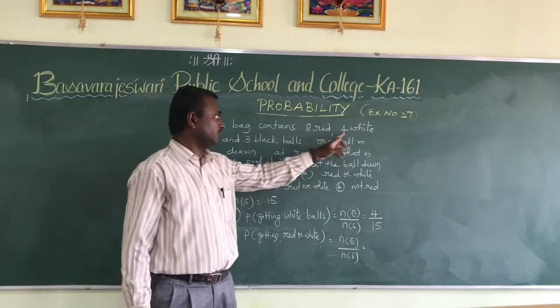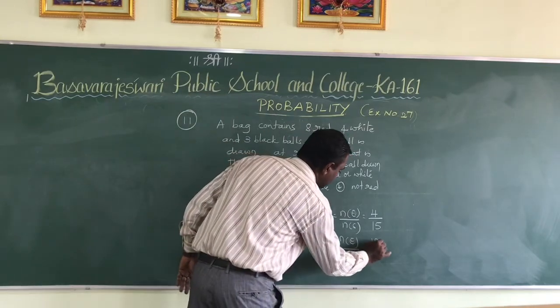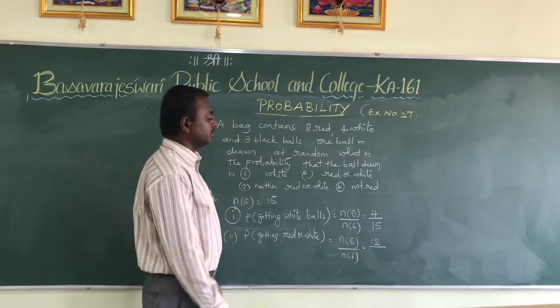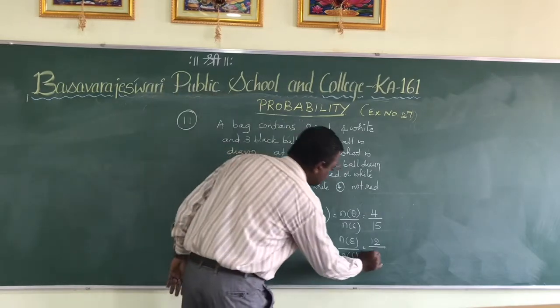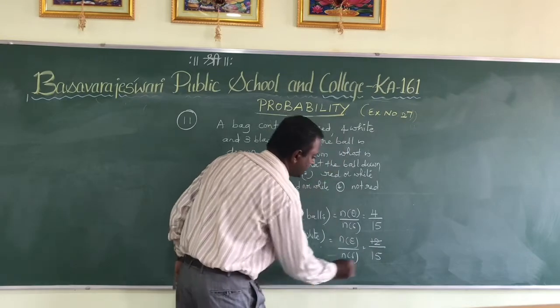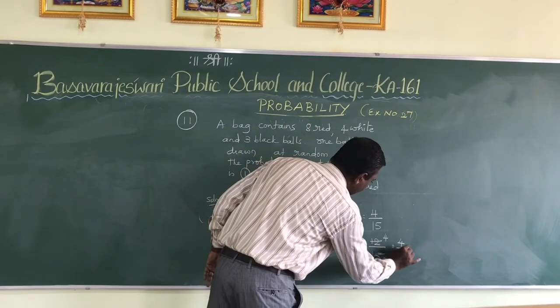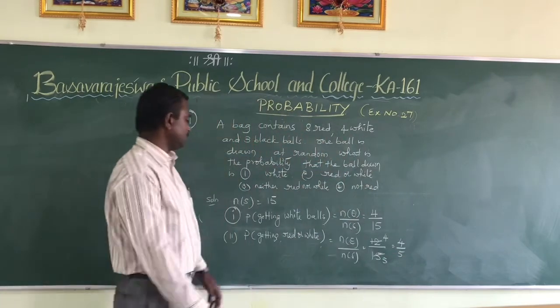White, how many are there? 4. So 8 plus 4, how many are there? 12. n of E is 12. So total number of balls is 15. We can simplify this and keep it as a simplified fraction. 3 4s are 12, 3 5s are 15. Totally 4 by 5.